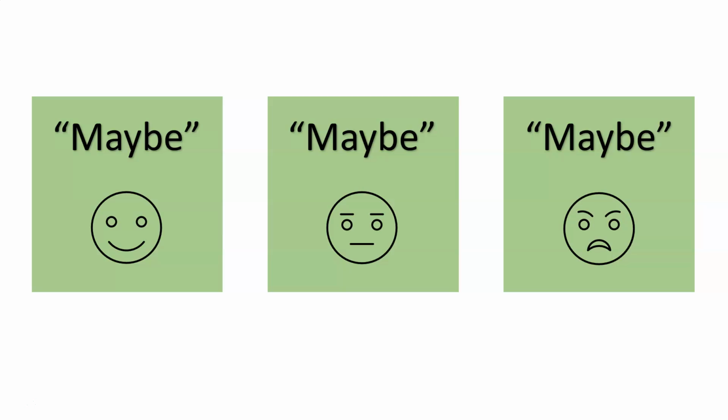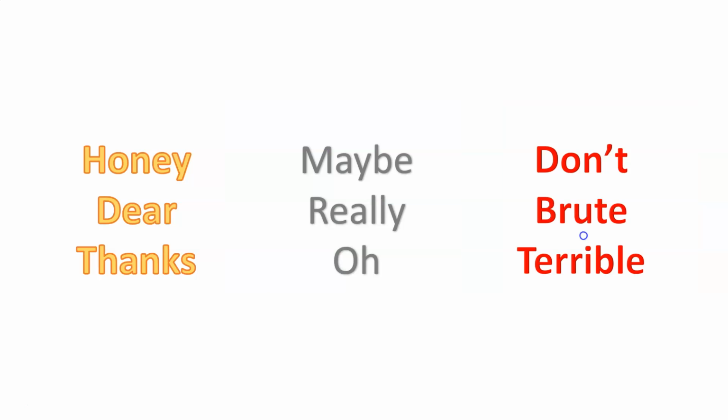The participants were then asked to guess the emotions, as they were only heard in the recorded voice, or only seen in the photos, or both together, heard and seen together. In a second study, subjects were asked to listen to 9 recorded words, and 3 were meant to convey liking, like honey, dear, thanks. 3 were meant to be neutral, like maybe, really, oh.